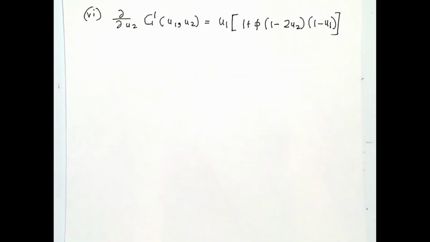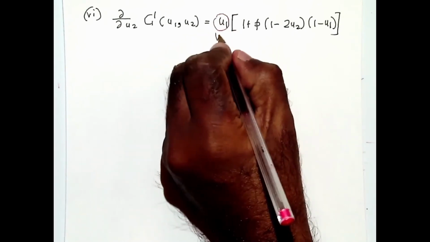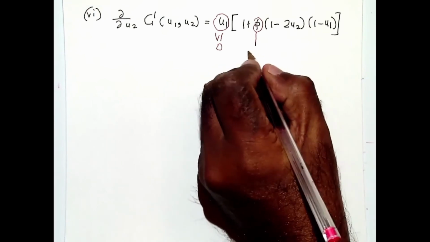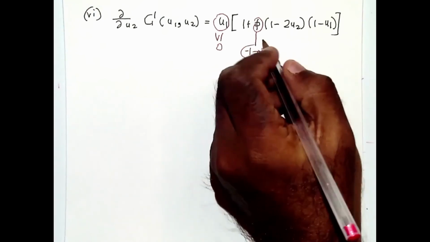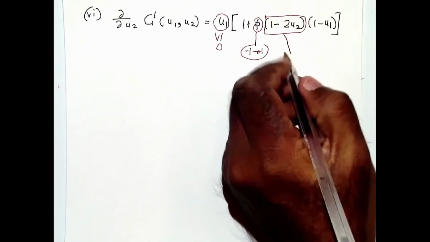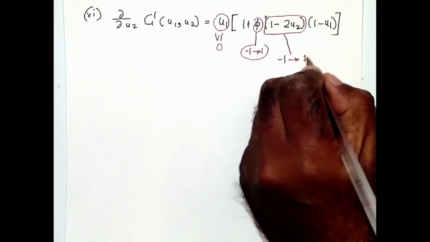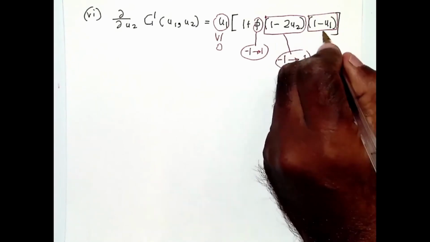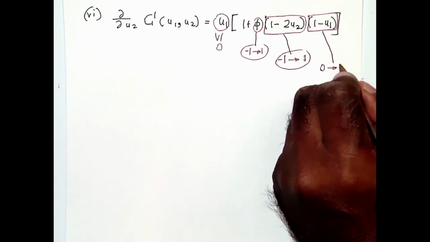Okay, right. So the argument is that u1 is non-negative, right? Phi, we know it takes values from -1 to +1, and 1 minus 2u2, we know that it takes values from -1 to +1, and 1 minus u1 takes values from 0 to 1.